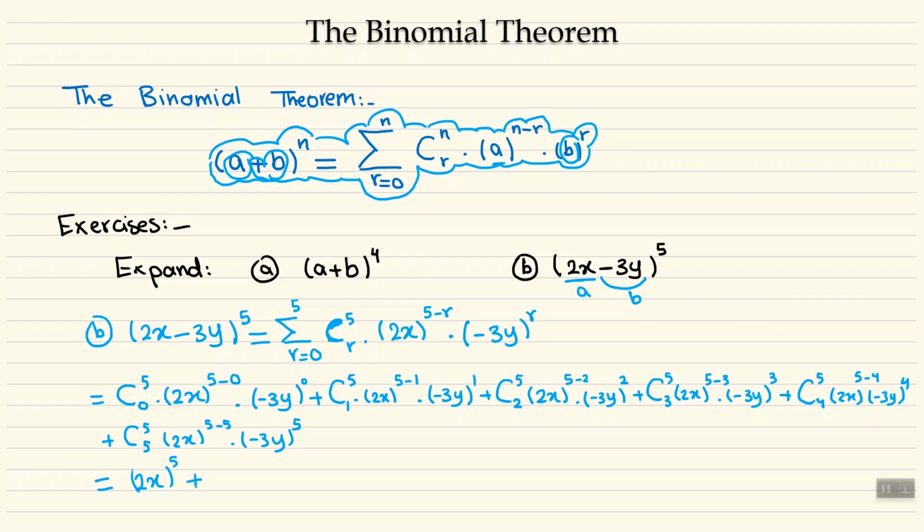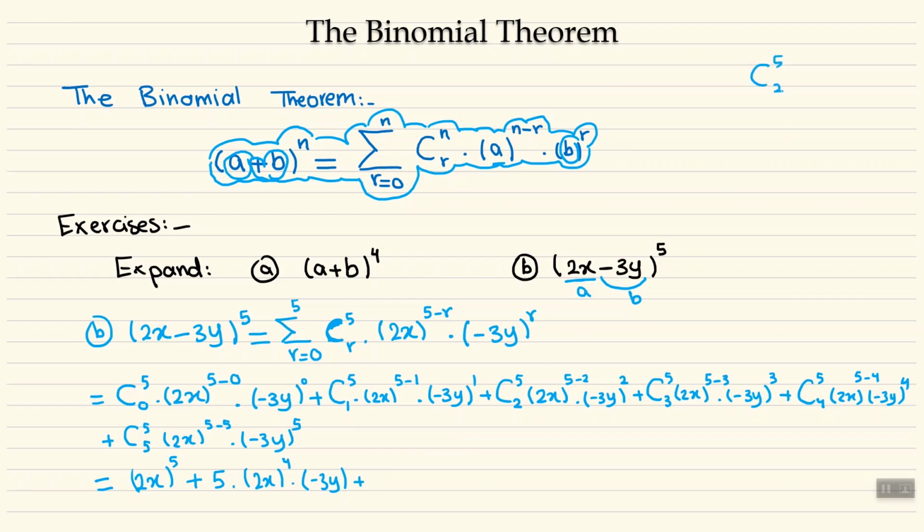So that's the first term, plus the second term, combination 5, 1 is 5, times 2x to the power of 4 times negative 3y to the power of 1, so it's times negative 3y. Then plus combination 5, 2. Okay, let's do this aside.